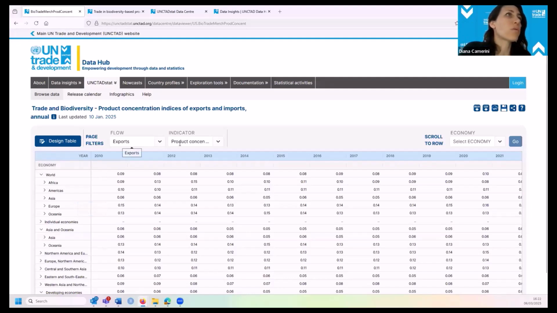So here you will see that this indicator, for example, comprises all the total biodiversity products. The higher the number, the higher the concentration of biotrade around the specific economy, a specific product, sorry.